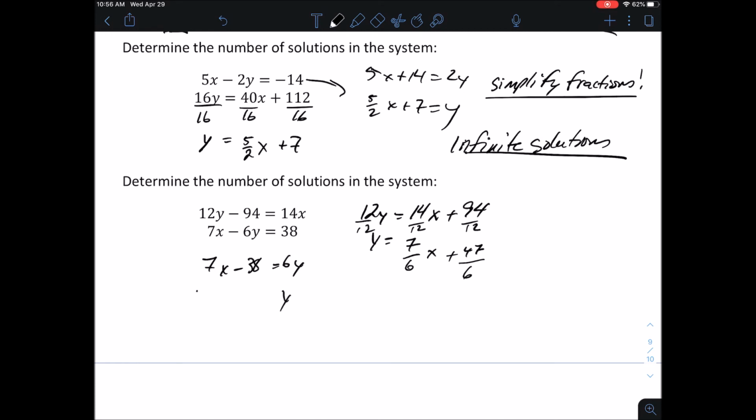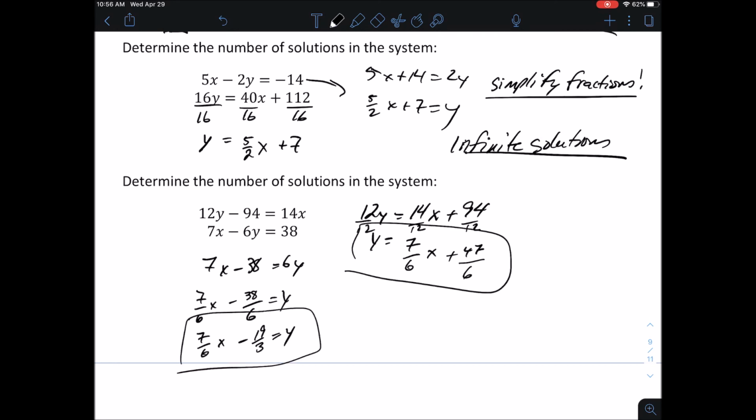If I reduce that, that's an ugly equation. Okay, and the other one, 7x minus 38 equals 6y. Divide everything by 6. 7 over 6x minus 38 over 6 is y. And that's going to be 7/6x minus 19/3 equals y.